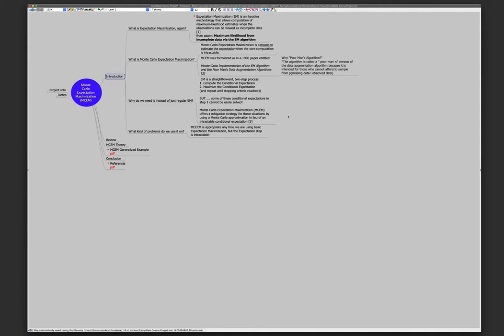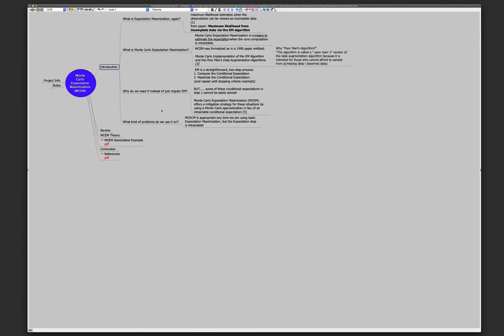Monte Carlo EM was formulated in 1990 as a mechanism where they could do Monte Carlo simulations in lieu of actually having to do other tests. Hence this poor man's algorithm.